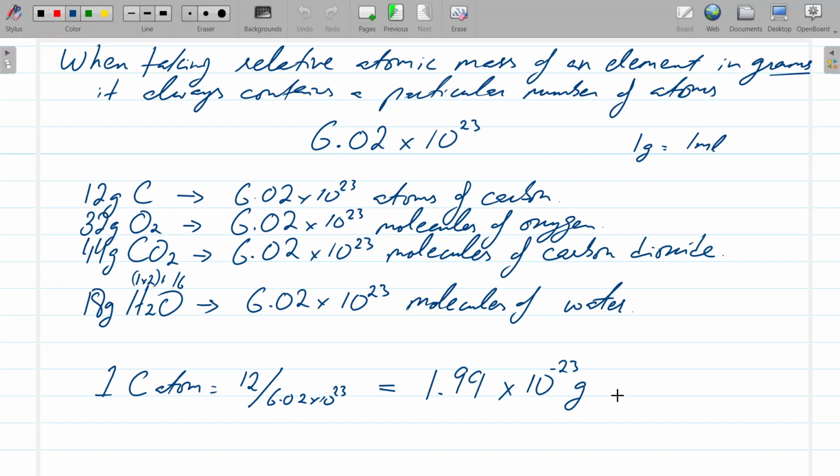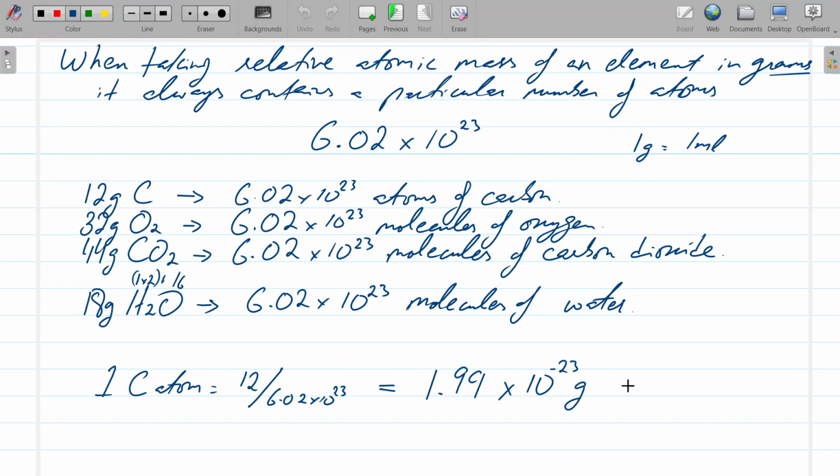Yes, Haram? Is it making sense to you? Yes. Okay. So 1.99 into 10 to the power minus 23 grams, the mass for a single carbon atom, that makes sense.